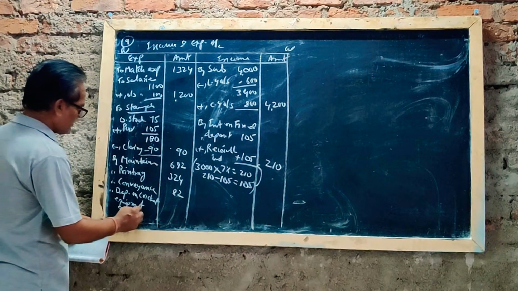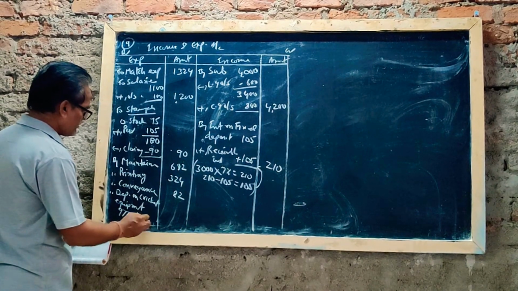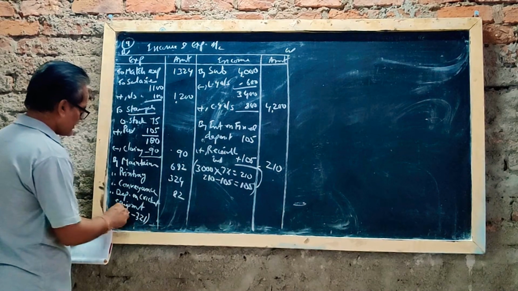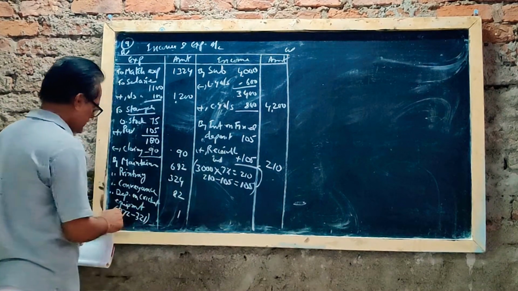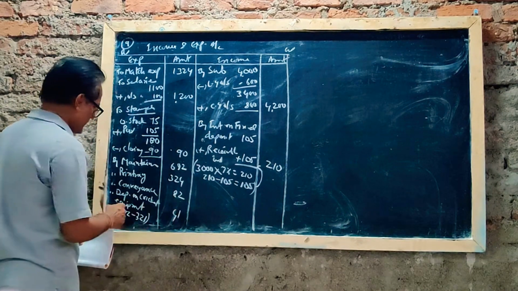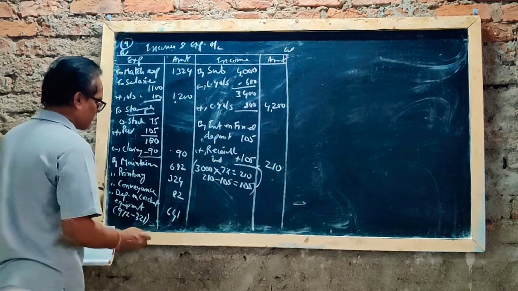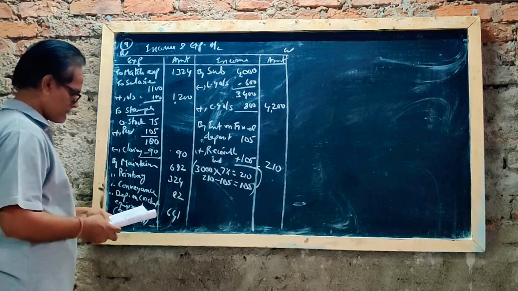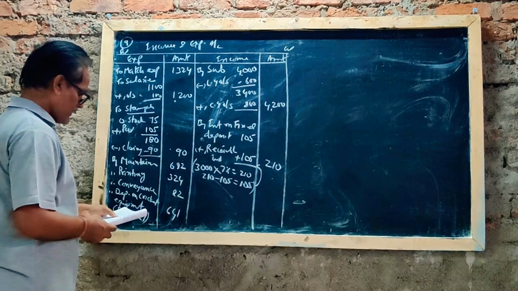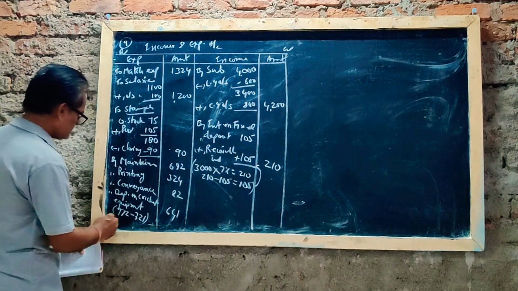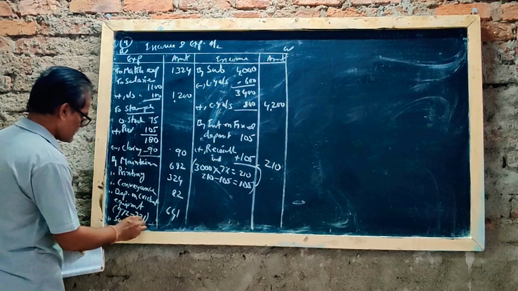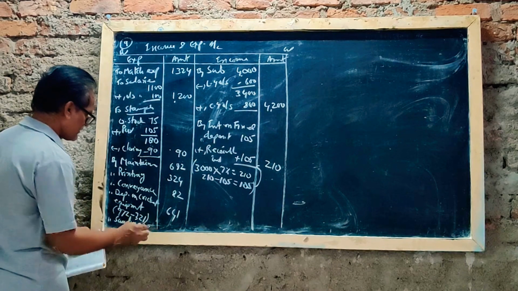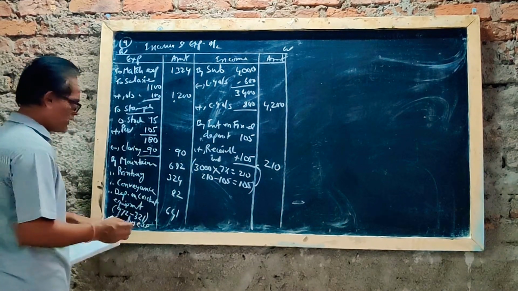We purchased 972, but 321 balance is there. The remaining cricket equipment depreciated. How much? 2 minus 1, 1. 7 minus 3, 4. 9 minus 3, 6. 641 cricket equipment depreciated. Next, sundry expenses, 200.